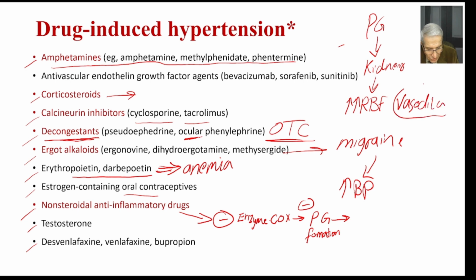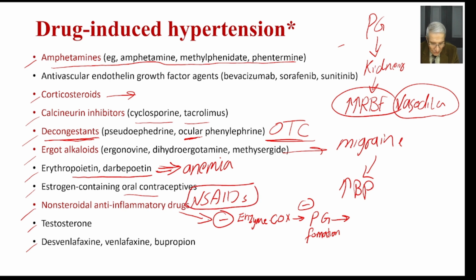When you prescribe an NSAID to your patient, the result will be inhibition of this enzyme and decreased prostaglandin. What happens? The result will be decreased renal blood flow, and this will activate the renin-angiotensin-aldosterone system.